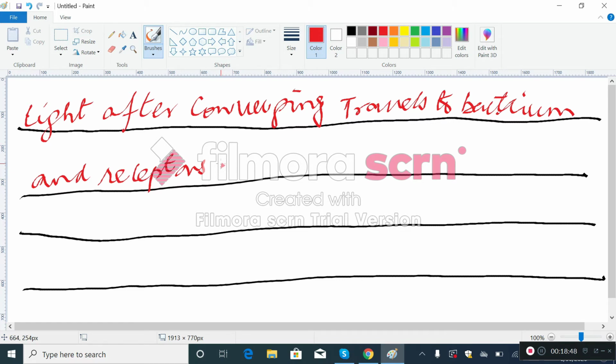What will receptors do? These receptors will detect the light. So when light is detected or absorbed by the bacteria, there will be a movement of fibers.